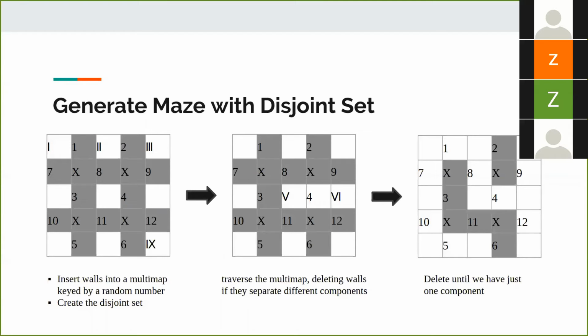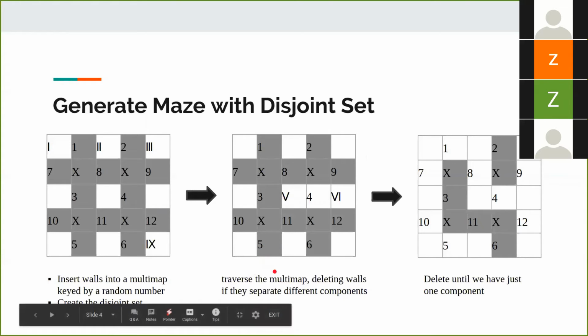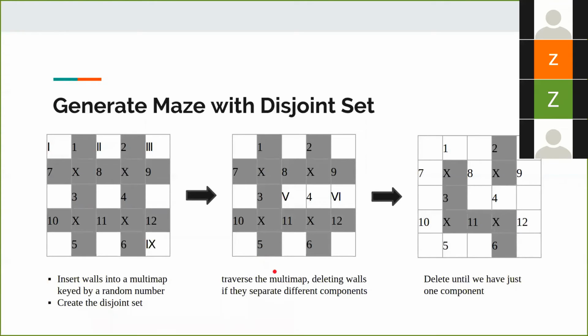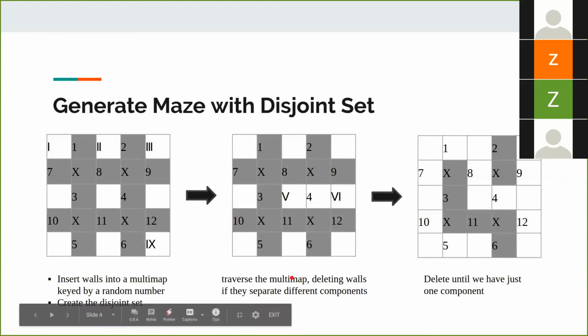Then we use disjoint set find to find the set ID of the two cells. The set ID of the 5th cell is 5, and the set ID of the 6th cell is 6. They are different, so we use union to connect them together. Thus, we delete wall 4. By continuing until we have just one component, the maze is generated.